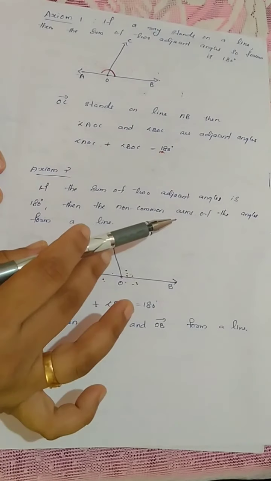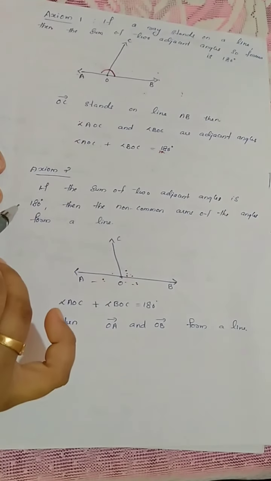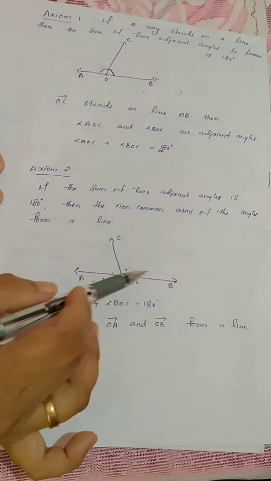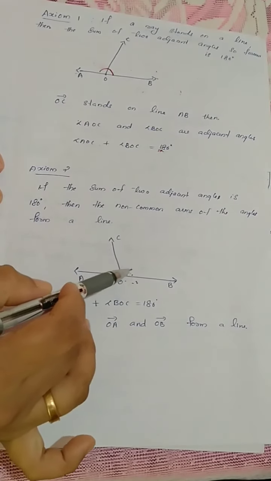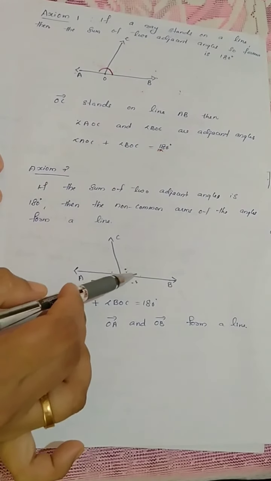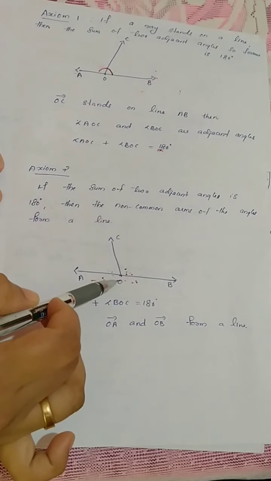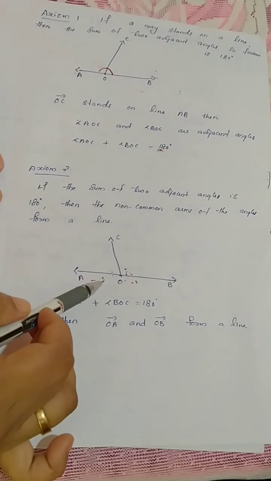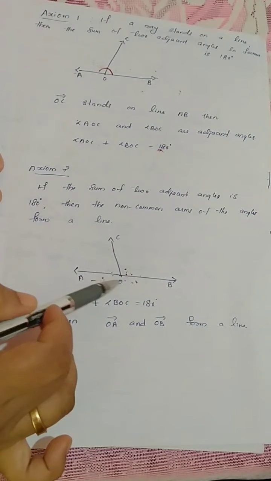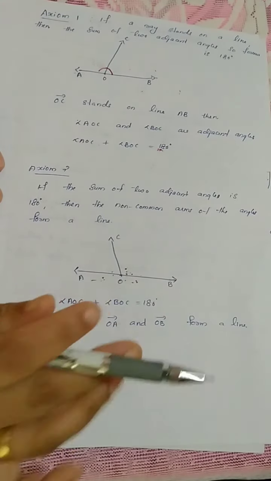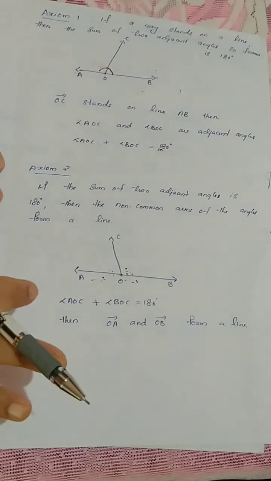That is, angle AOC and angle BOC are two adjacent angles and the sum of these two angles is 180 degrees, then the non-common arms, ray OB and ray OA, form a line. This AB is a line. Okay.